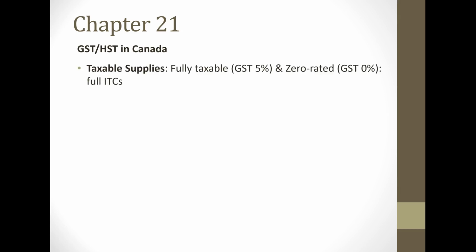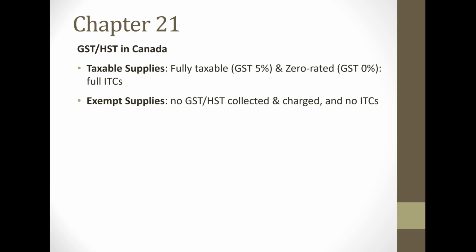So moving on to the next slide, taxable supplies can be either fully taxable or zero-rated. Vendors of taxable supplies will get the full input tax credits on their expenditures. Now there's also another category known as exempt supplies. For exempt supplies, there's no GST charge, no HST charge, and vendors of exempt supplies cannot claim ITCs.